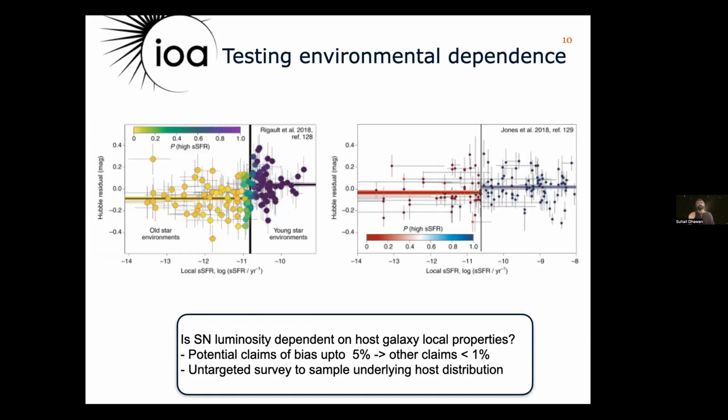So the reason why this untargeted survey is a very crucial part of the survey strategy is because there's a lot of debate in the literature about how the supernova luminosity depends on its host galaxy properties. It has been seen for around the last 10 to 15 years that the supernova luminosity depends on the host galaxy mass.